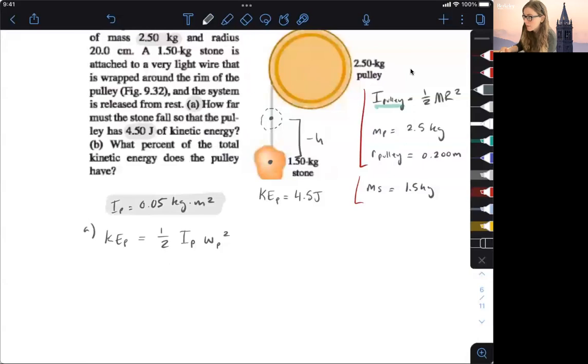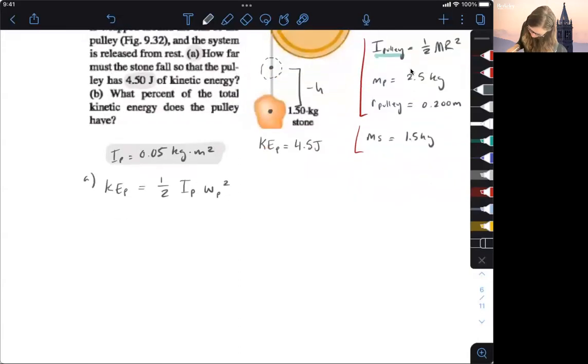So we want to know how far the stone must fall. So let's figure out the angular velocity here.